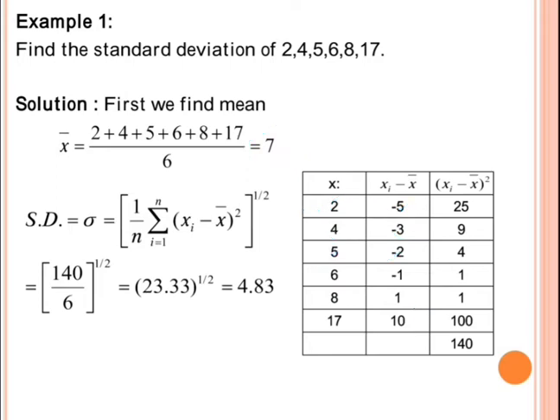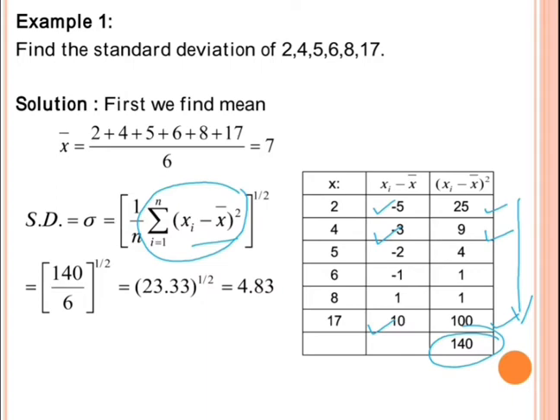Next we need the square. So we will square all this. Minus 5 square is 25, minus 3 square is 9. Similarly 10 square is 100, and we need the total of these squares. So we will add all these terms and we get our final answer as 140.